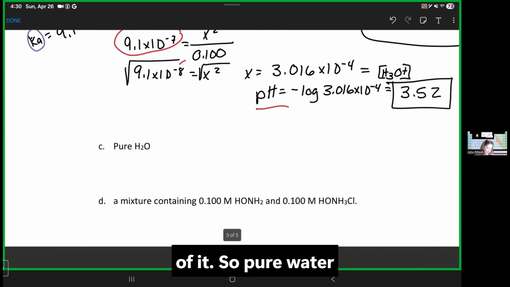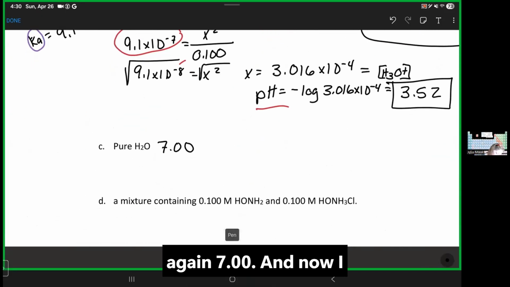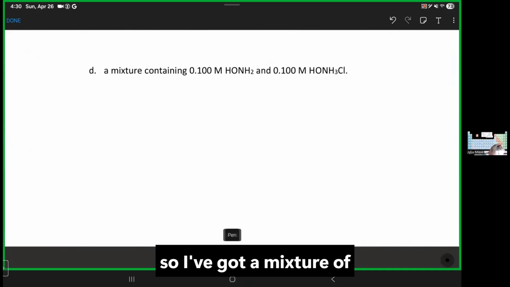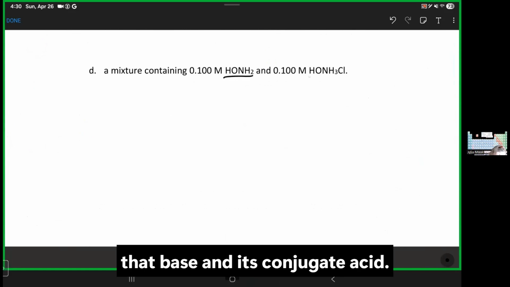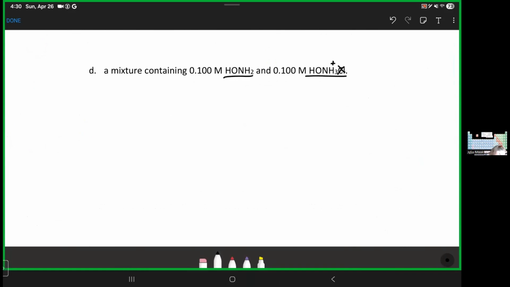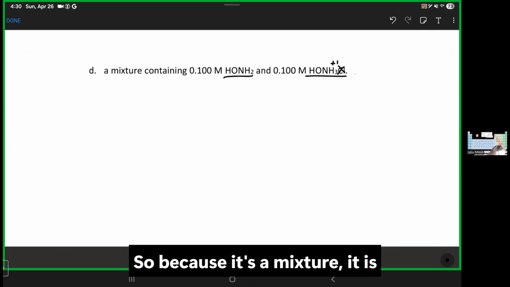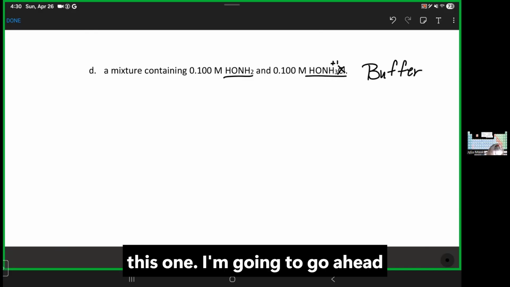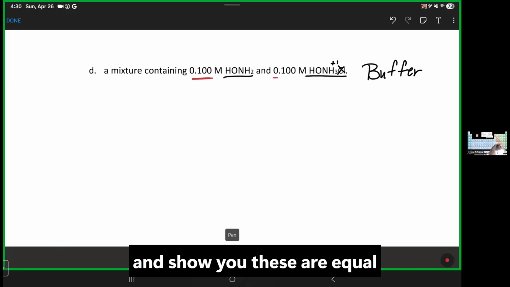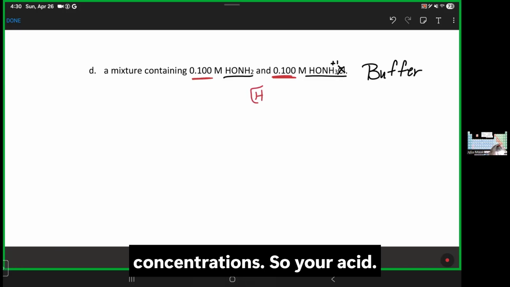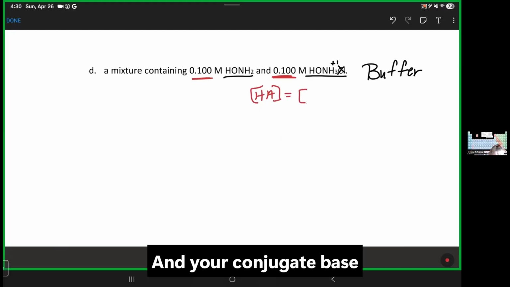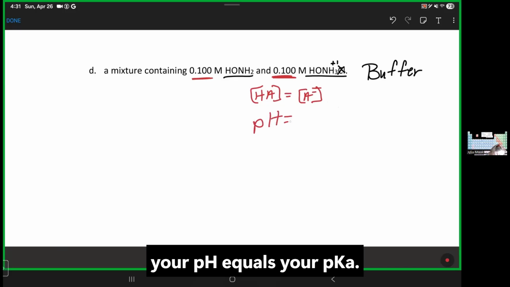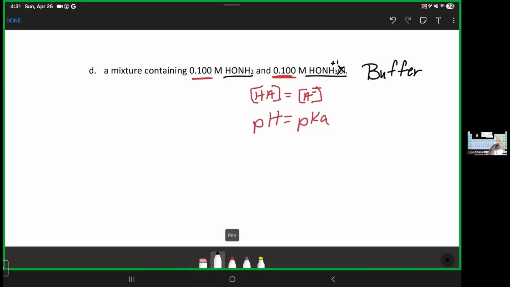Okay. So pure water again, 7.00. And now I have a mixture. Okay, so I've got a mixture of that base and its conjugate acid. So because it's a mixture, it is a buffer. Okay, so this one, I'm going to go ahead and show you. These are equal concentrations. So your acid and your conjugate base are equal concentrations. So your pH equals your pKa. Okay.